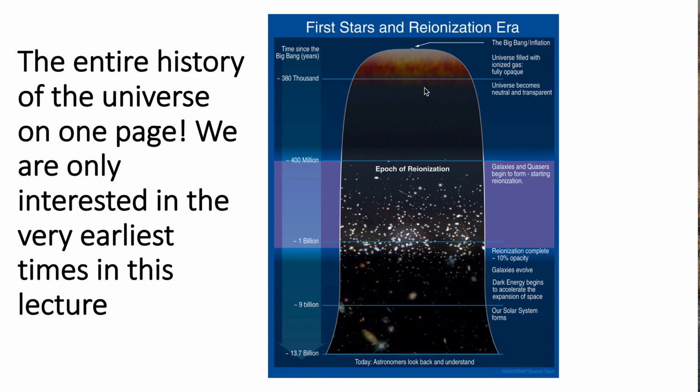There were no stars, there were no galaxies. And this area in here, going to 400 million years, this is the interval during which stars started to form, gravity drawing gas together, eventually kicking off nuclear fusion in a cloud of hydrogen gas, and suddenly we have light sources.